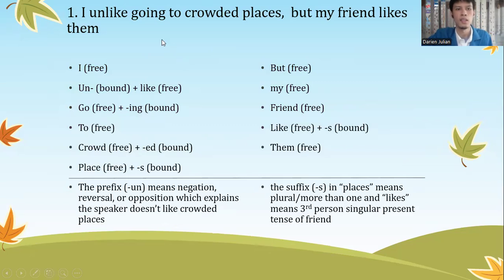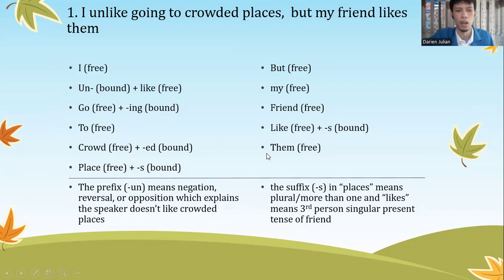So the sentence is, I don't like going to crowded places, but my friend likes them. There are a total of 16 morphemes. I is free, don't is bound, like free, go free, ing bound, to free, crowd free, ed bound, place free, s bound, but free, my free, friend free, like free, s bound, and them is free.